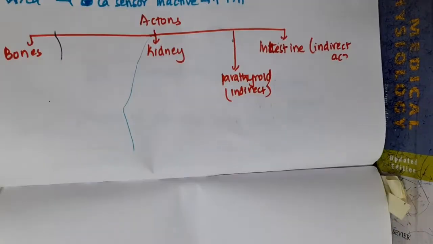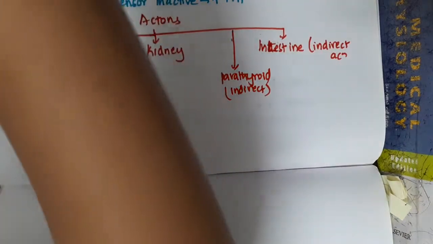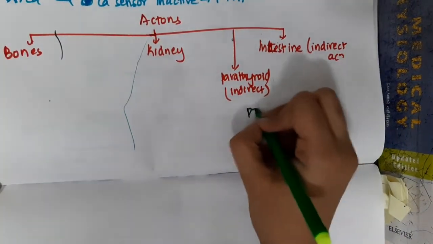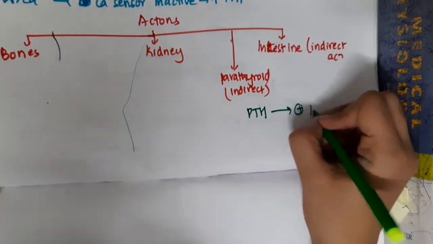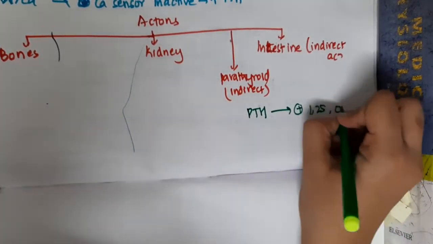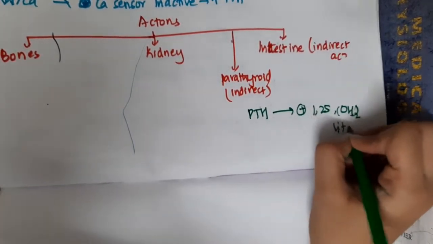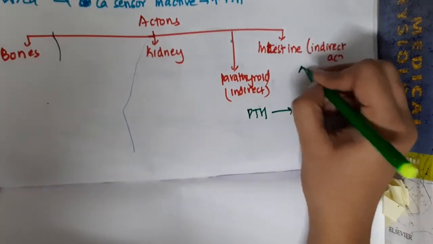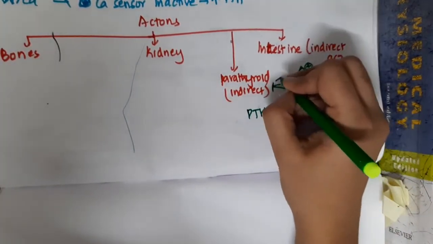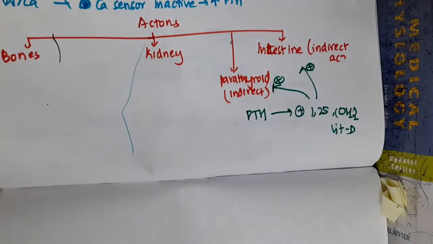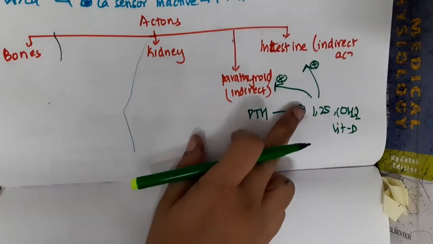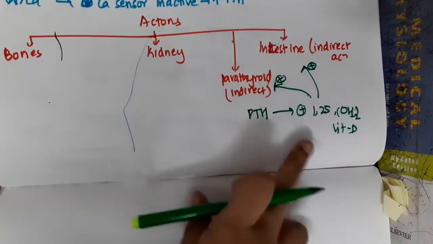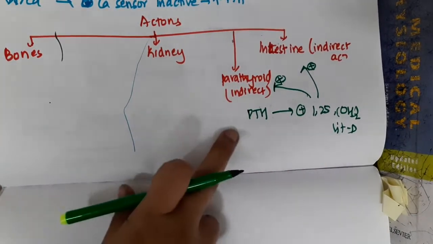So how do the actions on the parathyroid and intestine occur? Parathormone will activate vitamin D, 1,25 dihydroxy vitamin D. Now this vitamin D will act on the intestine and the parathyroid.